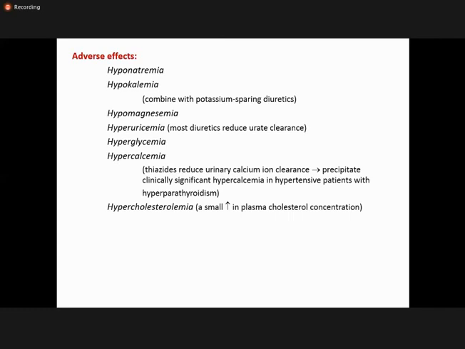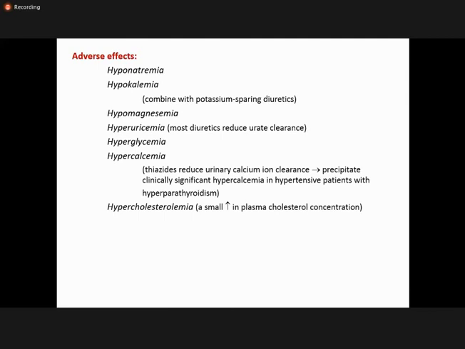Adverse effects are very important from the clinical point of view, because when there is increased excretion of sodium, it will lead to hyponatremia, and it also enhances the excretion of potassium.